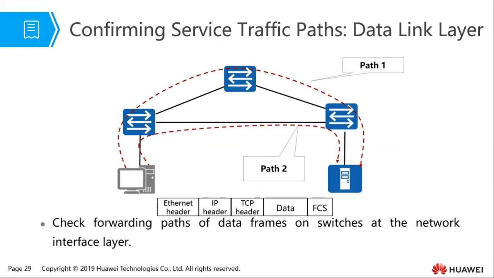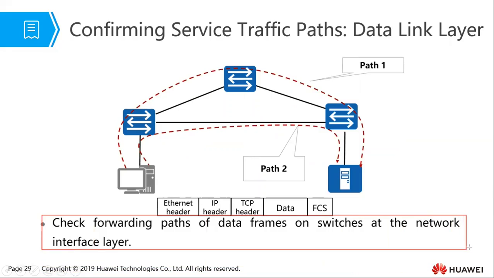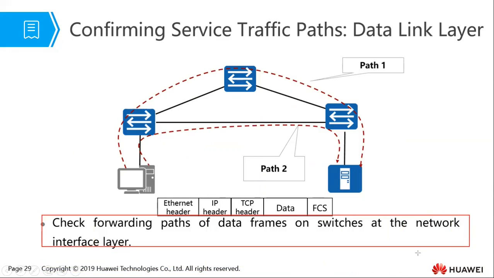You can also confirm service traffic paths at the data link layer. At the data link layer, we want to check the forwarding paths of data frames on switches at the network interface. Here we check the MAC address table on the switches to find out whether the MAC address of a particular device is there.